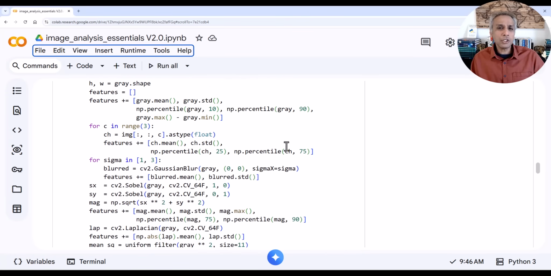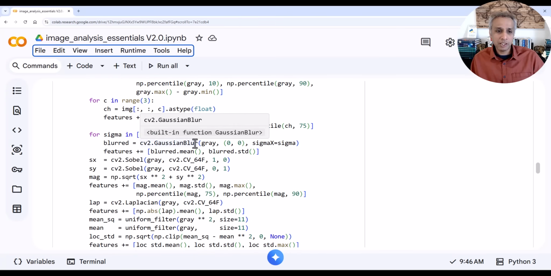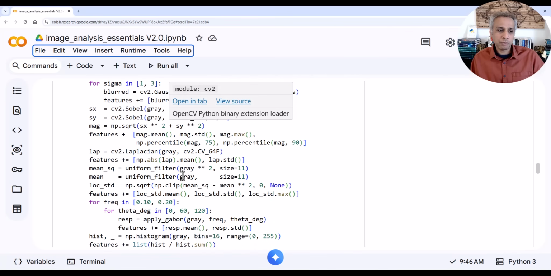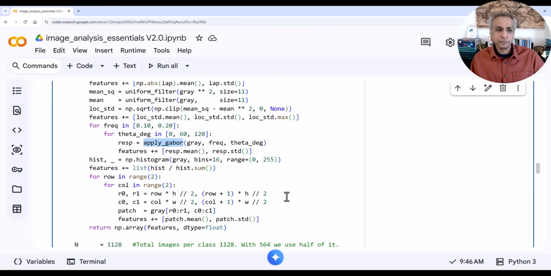And then from each image, we are getting statistics, like the mean, standard deviation, the 10th percentile, 90th percentile, and we are also getting other features like blurring the image using Gaussian blur, and then we get the blurred mean, blurred standard deviation, and a whole bunch of other features, including the Gabor features right there, for various theta and for various frequencies. So we get a whole bunch of these features, I believe 65 to 67, we'll see. And that's our feature vector.